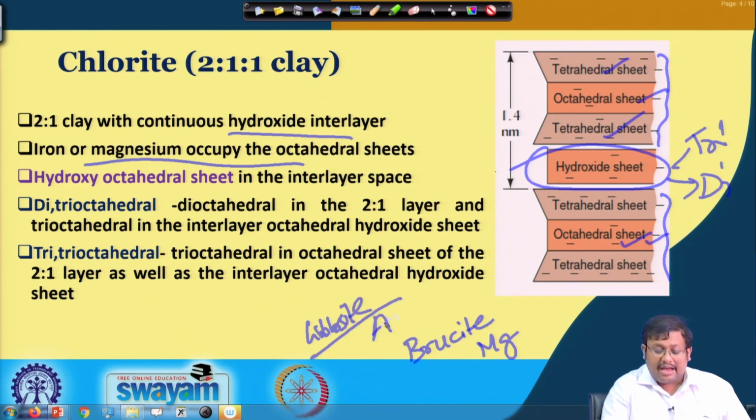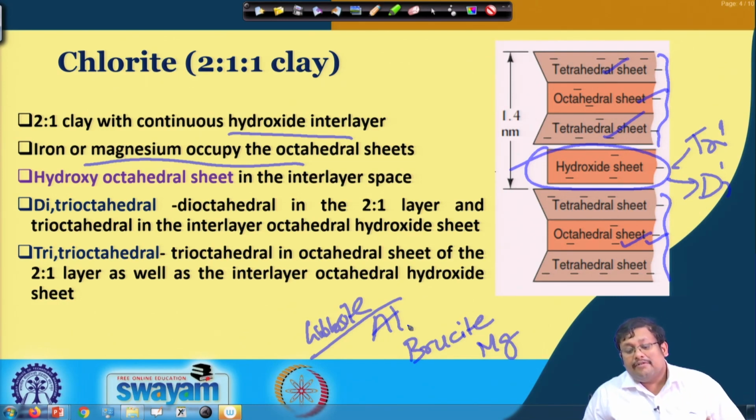In the dioctahedral, it is basically dominated by aluminum. So, these are two types of hydroxide layer which can come in the interlayer space of the chlorite clay mineral. Now, there is another type called ditrioctahedral. So, dioctahedral in the 2:1 type of layer and trioctahedral in the interlayer octahedral hydroxide sheet.